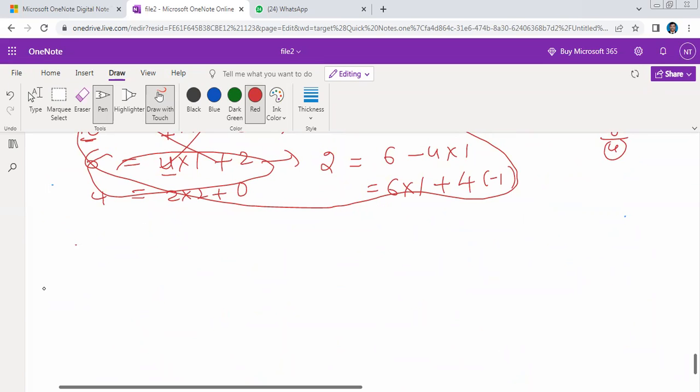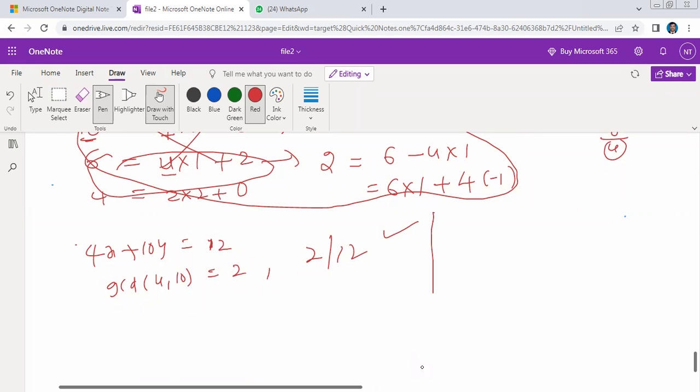Take this. Will there be a solution for this? 4x plus 10y equals 12. Yes sir, there will be. GCD of 4 comma 10 is equal to 2, and 2 divides 12. Right. So it has a solution.